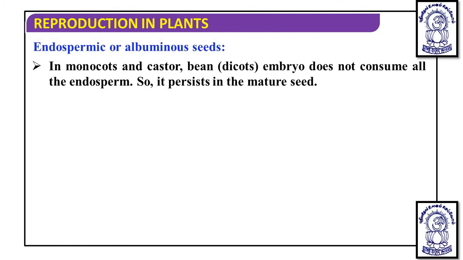So this seed is known as endospermic or albuminous seed. And it is found in monocots, dicots, and castor is also there. In bean it is written here, but some particular different types of beans are there. Some special beans are there in which the endosperm is found to be present. Usually they are non-endospermic.